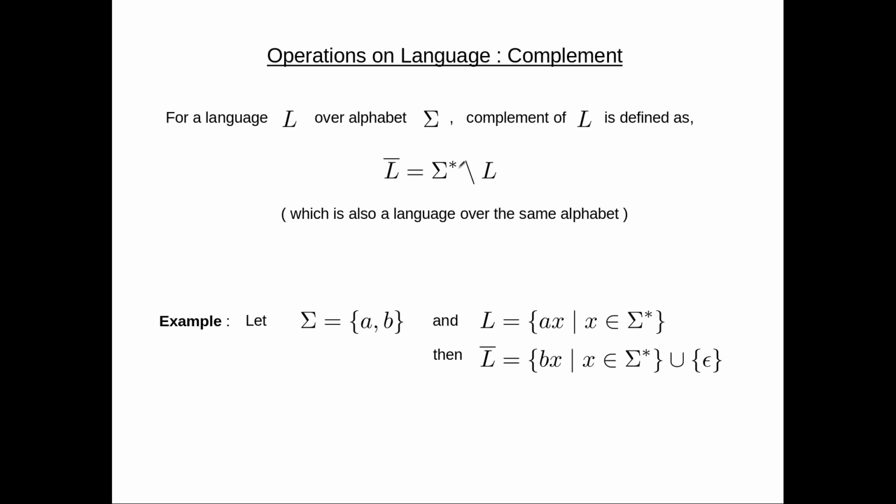So here the universe is the set of all strings. If L is a language over Σ, that means L is a subset of Σ*. So this is the universe, and we take the complement with respect to this.